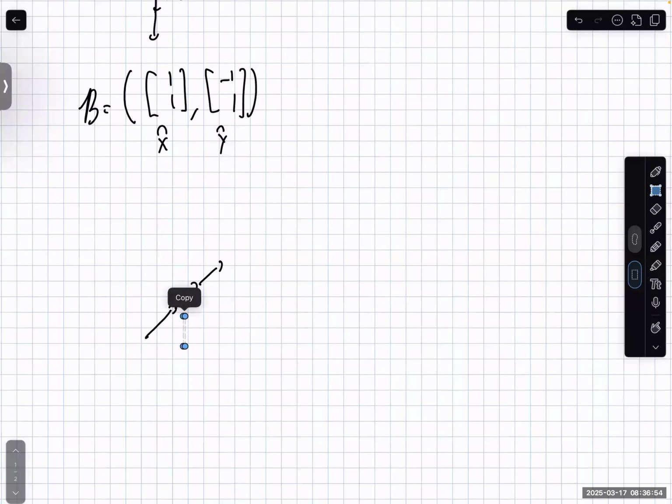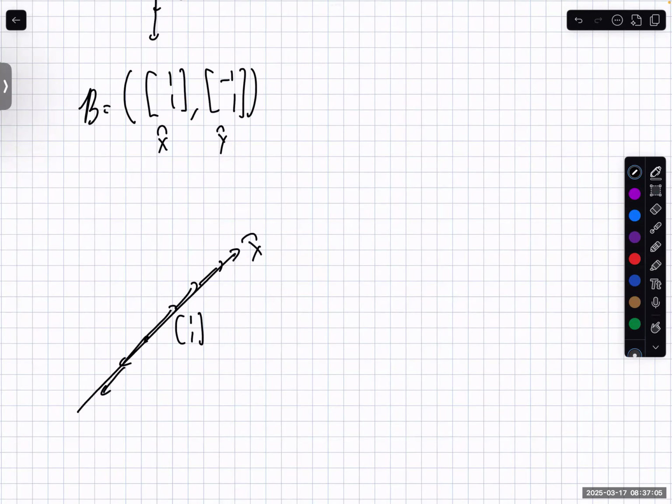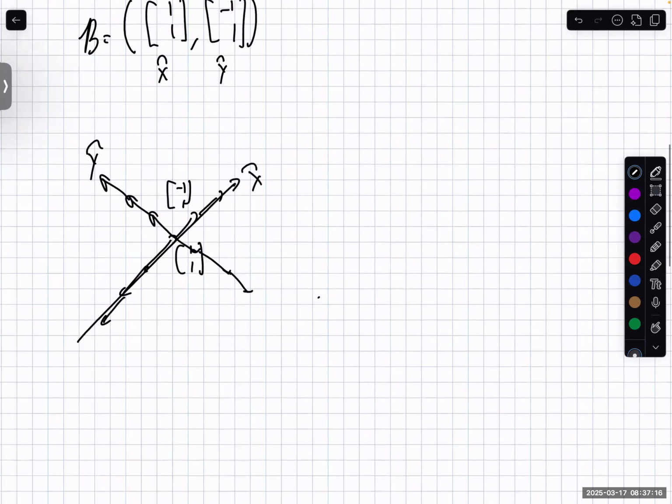So here's what 1, 1 looks like. And we can go backwards. That can be a new x-axis for us. And negative 1, 1, several copies, and their mirror images can make a new y-axis. So we can have a different coordinate system based on a different basis.